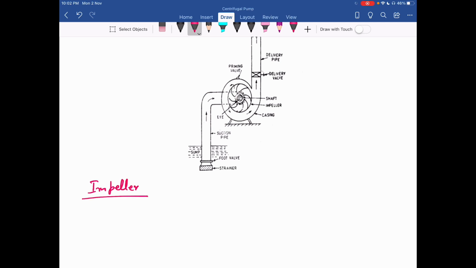So impeller you can say is the part of centrifugal pump where energy transfer takes place. So it has a number of vanes. So those vanes will be either forward curved or backward curved. The meaning of these two terms we can discuss further.